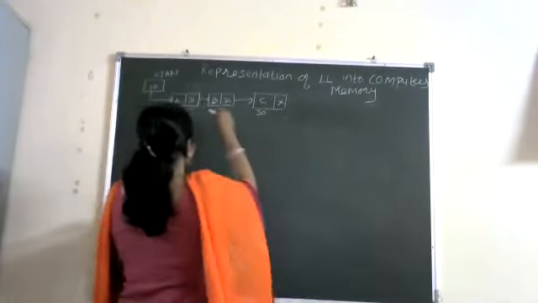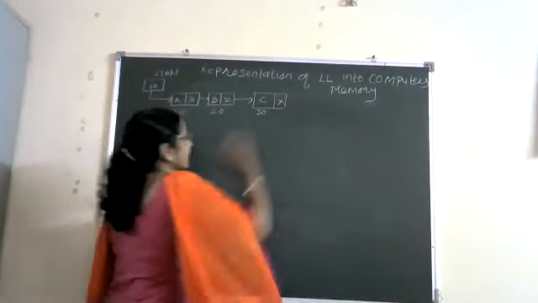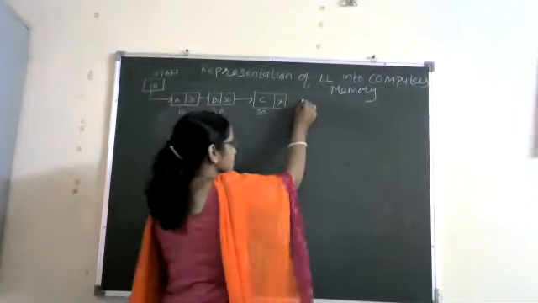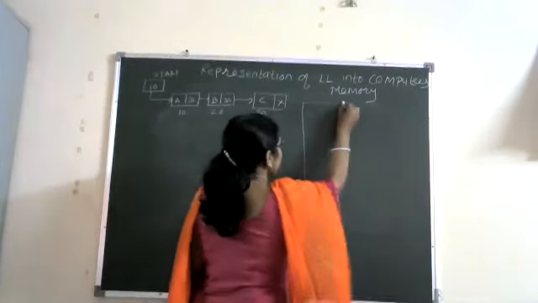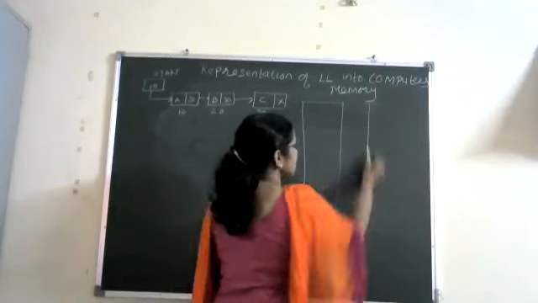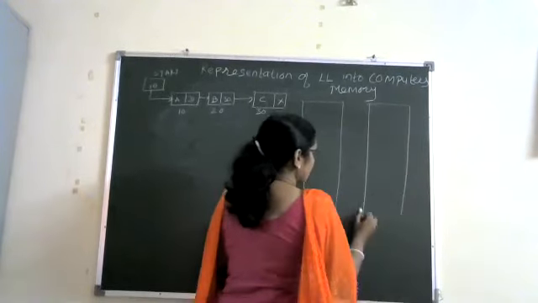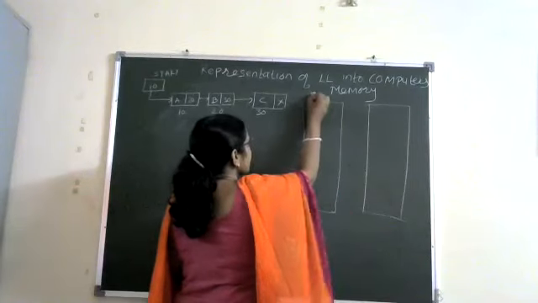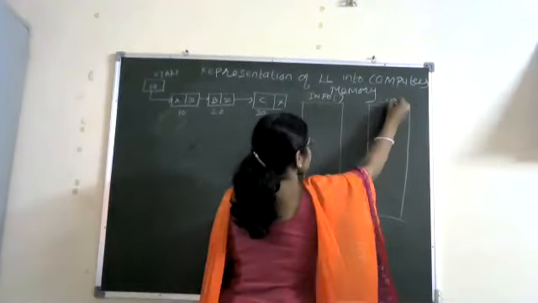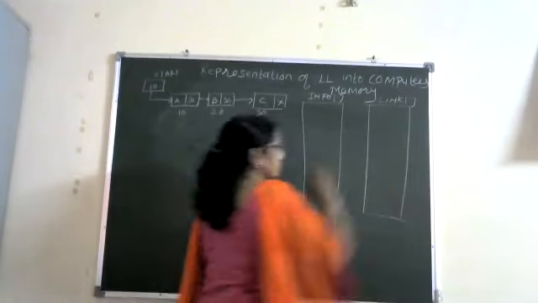And now for the representation of linked list, you require two arrays, because each node consists of two parts, info and link, and therefore you require two different arrays. The first array is called the info array, and the second array is called the link array.